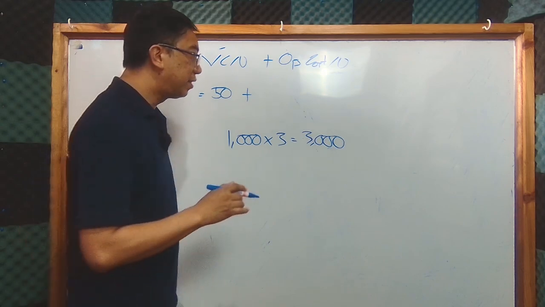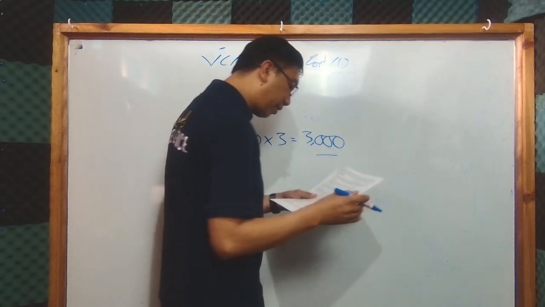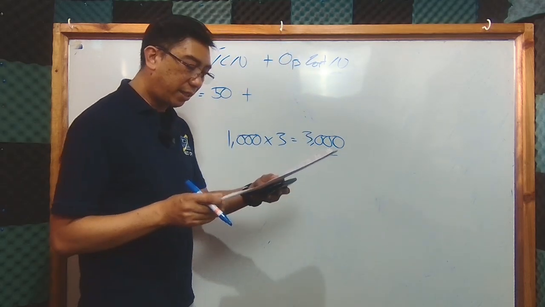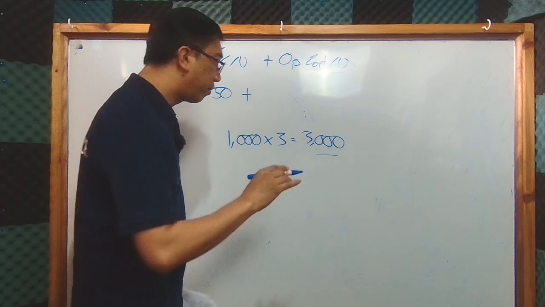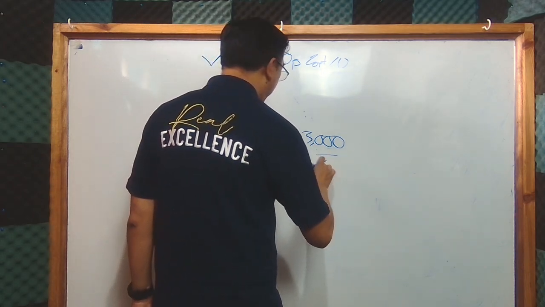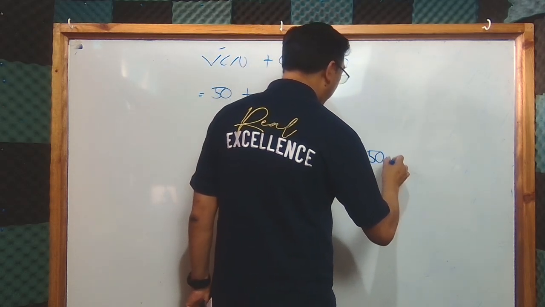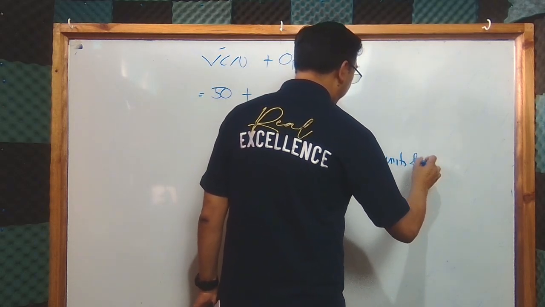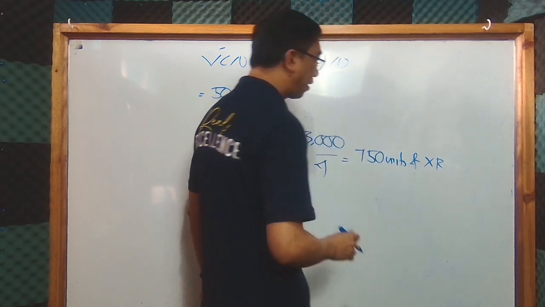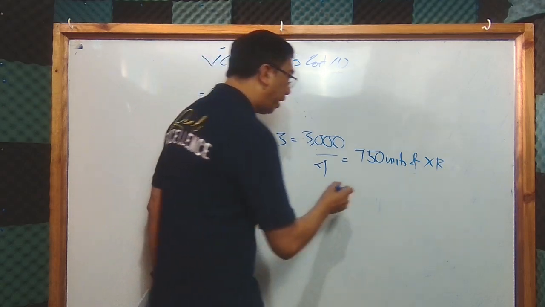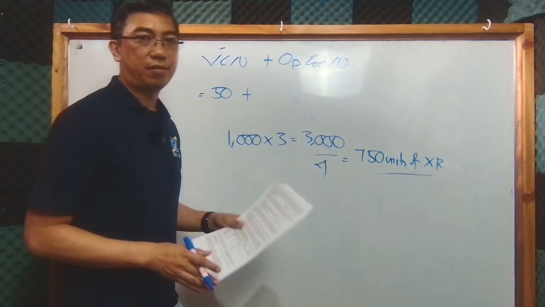We will sacrifice how many units of XR? Ang XR, class, will take us how many hours to produce? 4 hours. Divided by 4. Ibig sabihin nun, we're going to sacrifice 750 units of the XR product. This will become our basis of opportunity cost. Okay?